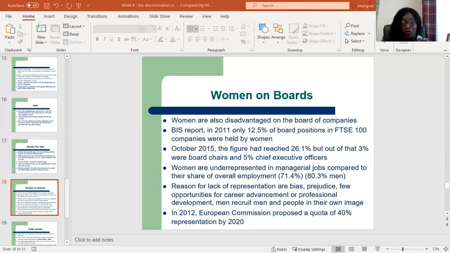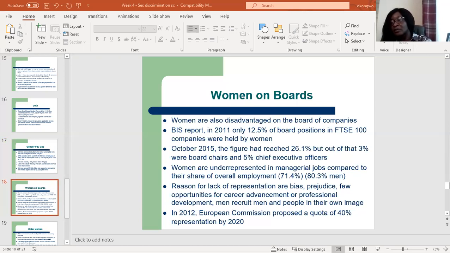And by October 2015, the figure had reached 26.1%. But out of that, 3% were board chairs and 5% were chief executives.